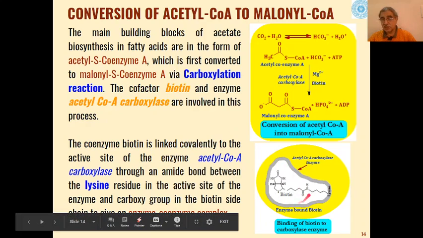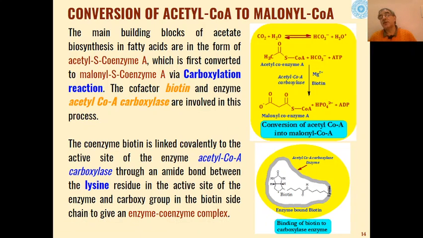So this is the biotin part, and this is lysine, which is an active site present on the enzyme acetyl coenzyme A carboxylase. So this will be bound to the enzyme to give us an enzyme coenzyme complex, and this enzyme coenzyme complex is used up for conversion of acetyl coenzyme A into malonyl coenzyme A.